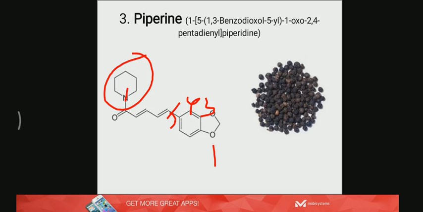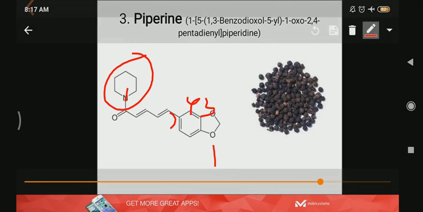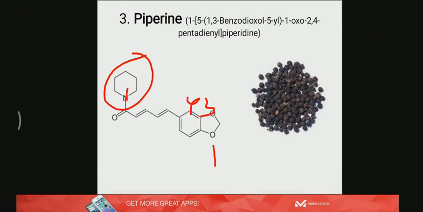Okay, so now it is 1,3-benzodioxol-5-yl, that is the substitution, and the whole thing is substituted at position 5 of this chain. And now the chain is numbered like this. See, the substitution on nitrogen, you can see it is numbered from this carbonyl carbon. There is 1, then 2, 3, 4, and 5. So it is on the 5th carbon that this benzodioxole ring has come.